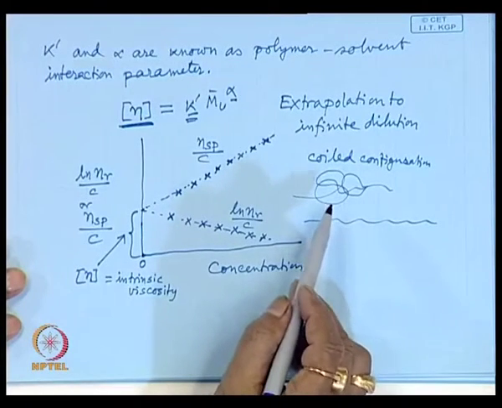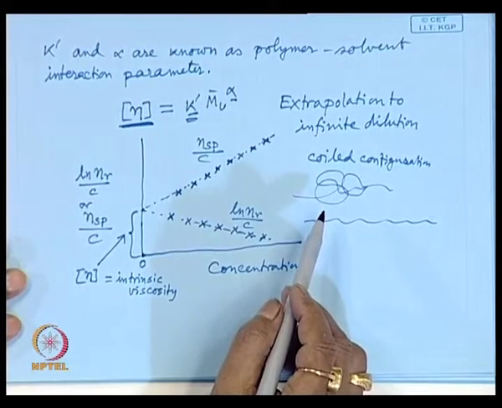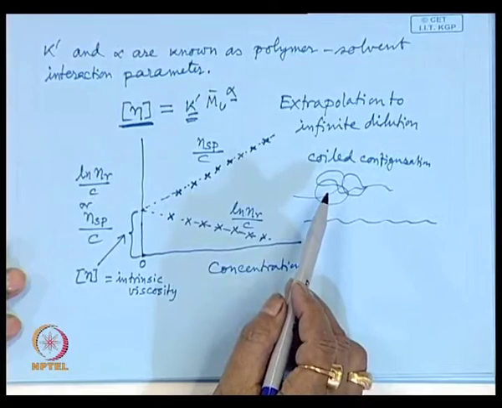In that case, the polymer can assume its extended chain configuration in a solution. So, the contact between one polymer molecule and another will be minimized in infinite dilution.